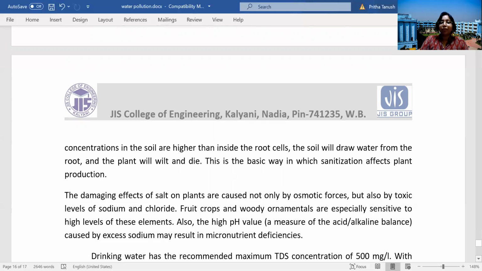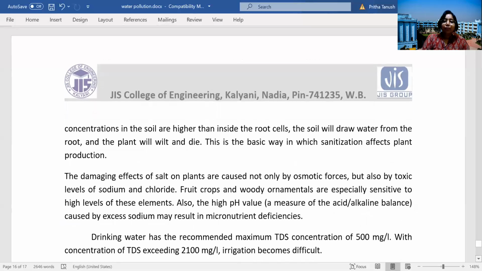The damaging effects of salt on plants are caused not only by the osmosis process, but also by toxic levels of sodium and chloride. Fruits, crops, and woody ornamentals are especially sensitive to high levels of these elements.